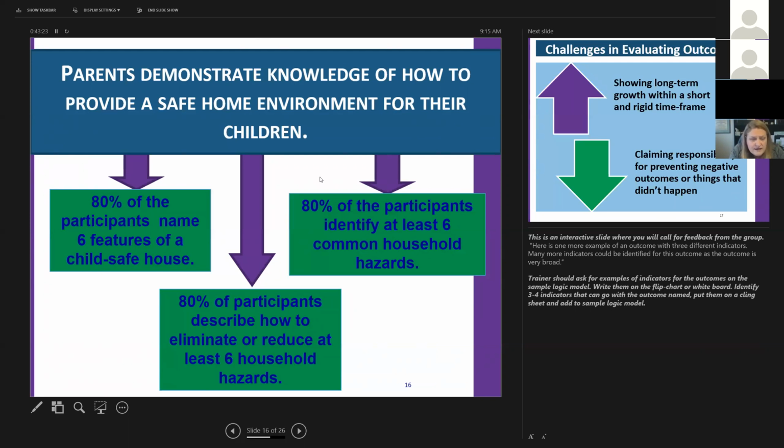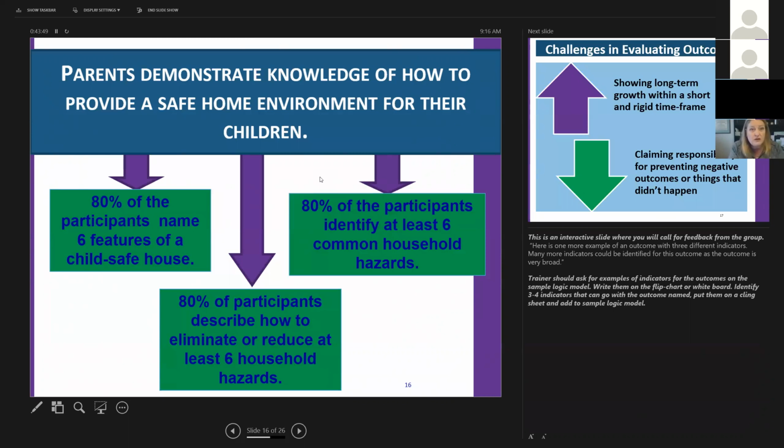So this is fairly straightforward in terms of indicators. Indicators are those things that are super easy to demonstrate. For example, 80% of participants can describe how to eliminate or reduce at least 6 household hazards. That's fairly straightforward. You're probably using a measurement tool that talks about household hazards, and they're telling you that they know how to eliminate or reduce those, right?